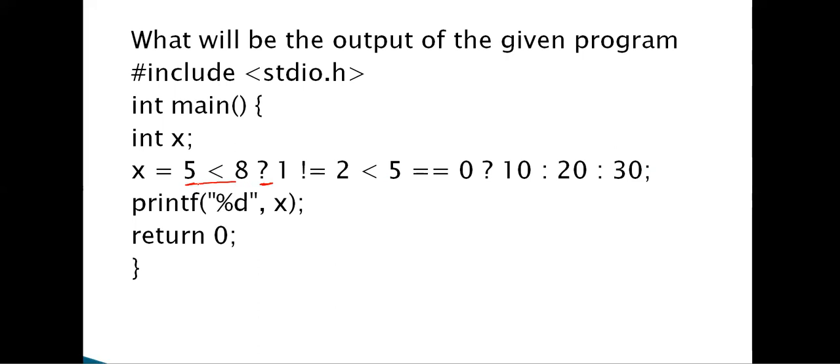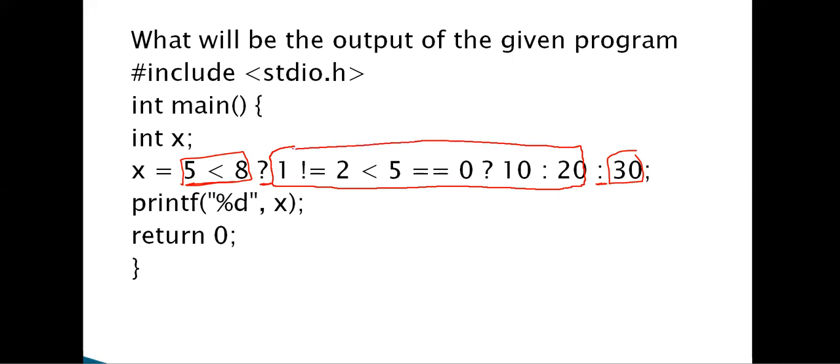Before this one is the condition. And observe the last colon. The last colon is present at this position. This is the false block. And between this one and this one is the true block. You got it? This is the way to divide.